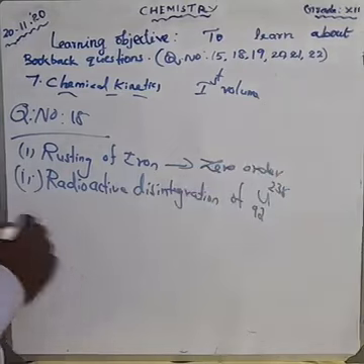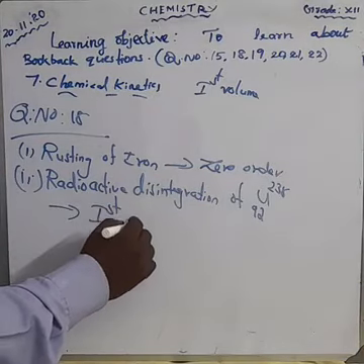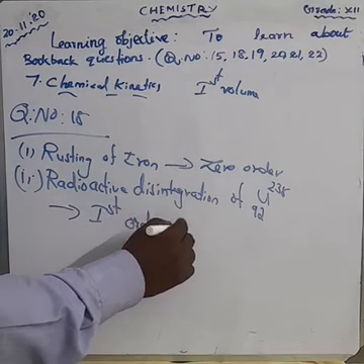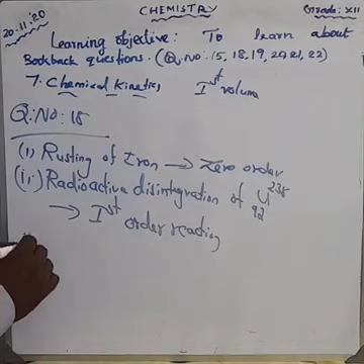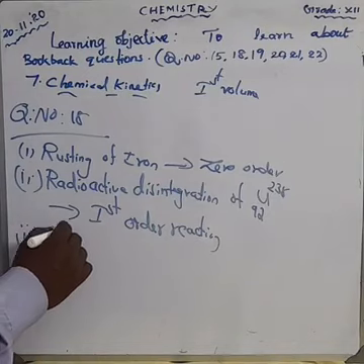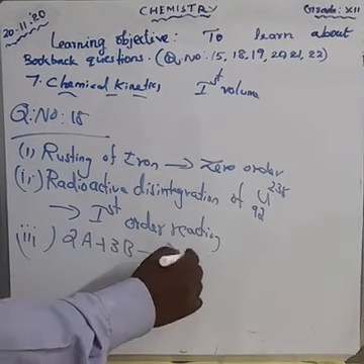That is a first order reaction. Third one, 2A plus 3B gives product.